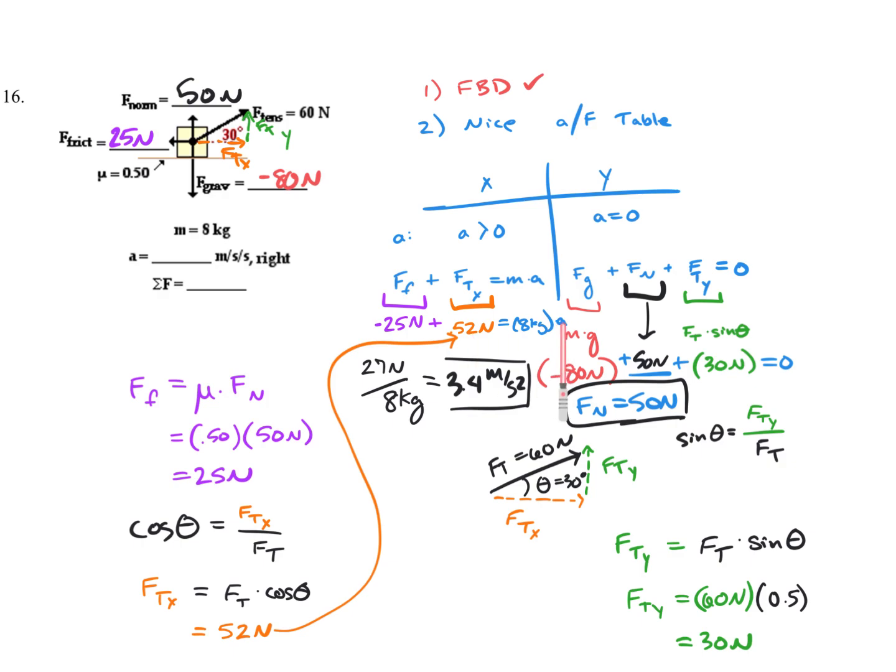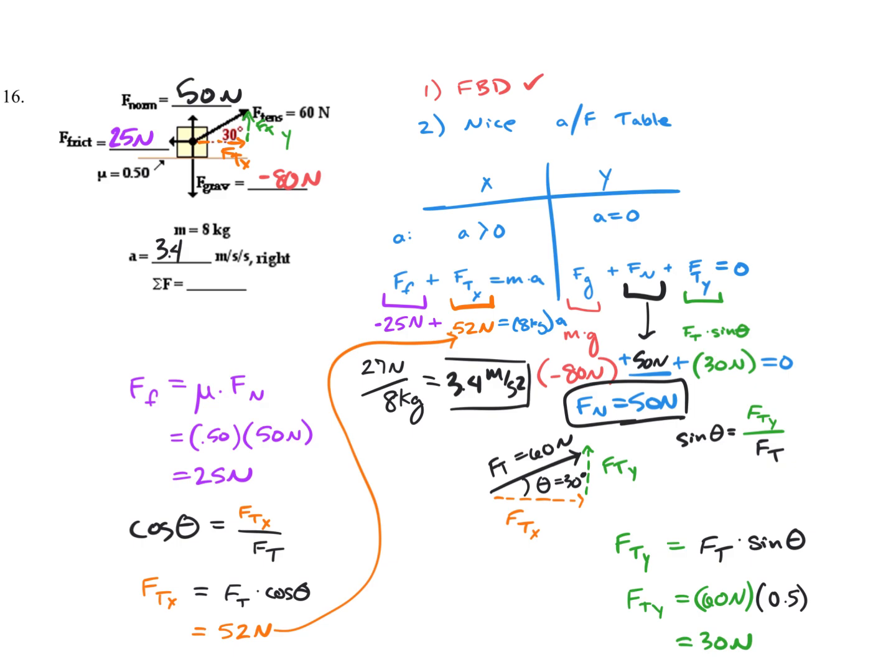So if you want to solve for the acceleration all by itself, you take 27 newtons and you divide it by 8 kilograms. That gives a final answer of 3.4 meters per second squared. So this one can go here. 3.4 meters per second squared.